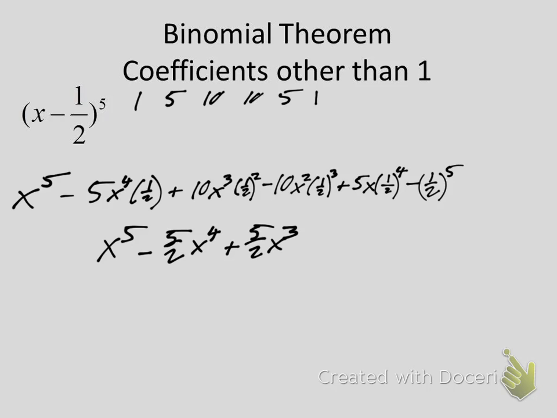Just clean up the terms themselves. Minus 1/2 cubed is 1/8, which gives you 10/8. Reduce 10/8 to 5/4 x squared. Plus, that ends up being 5/16 x minus 1/32. And that's your final answer.